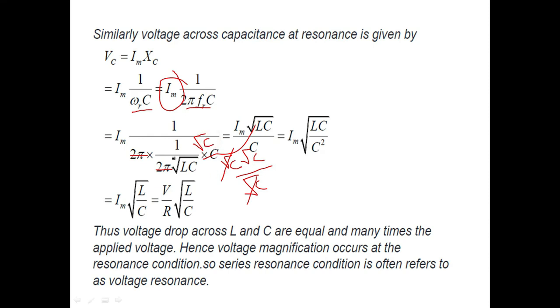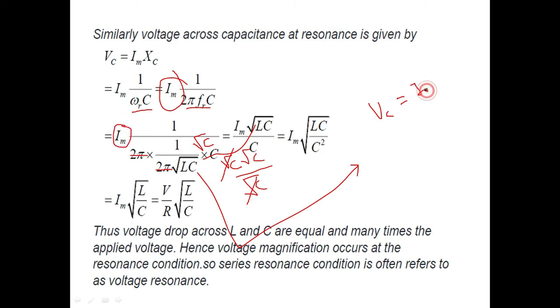Once we modify the equation in such a way, V_C is equal to I_m, the maximum current flowing through the capacitor.